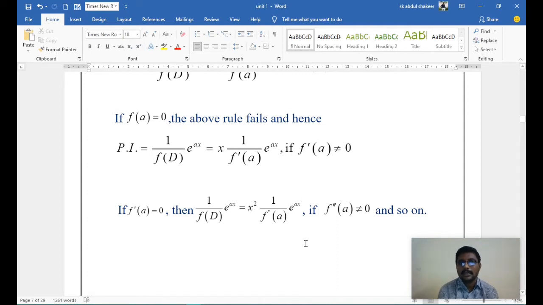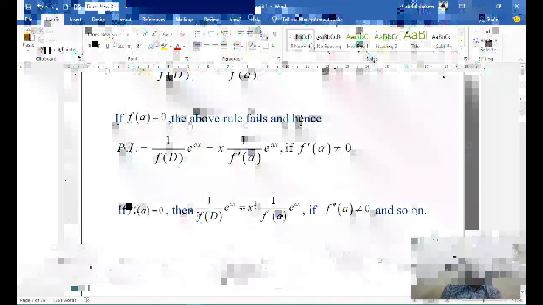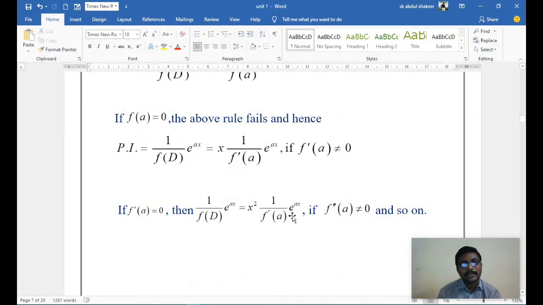We have to continue this process until the denominator value is non-zero while putting D equal to a.